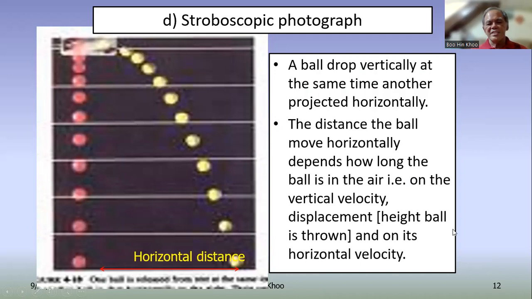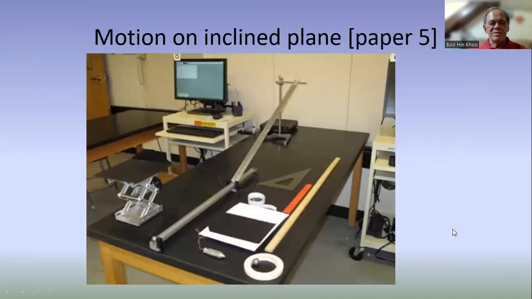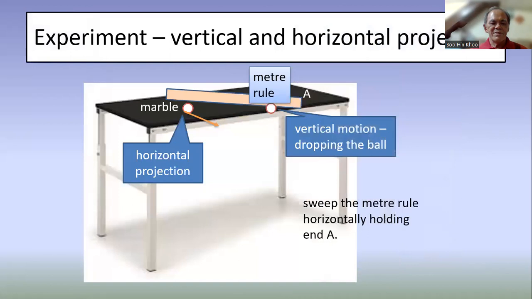These are apparatus in the lab that you can use to analyze motion on an inclined plane, for paper 5, or some of you may have done it in class, in O level. We have a ball here at the edge, and another marble there. That's your meter rule.